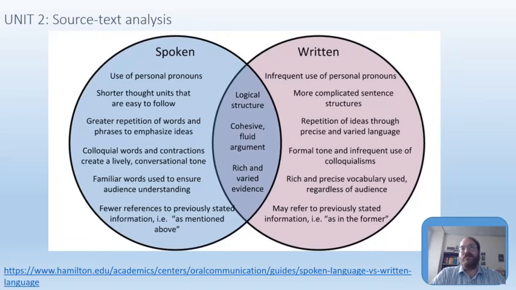Things like that. So written language makes use of infrequent use of personal pronouns. It has more complicated sentence structures. The ideas are repeated through precise and varied language to make the ideas clear. There is a formal tone and an infrequent use of colloquialisms. A rich and precise vocabulary is used regardless of the audience.